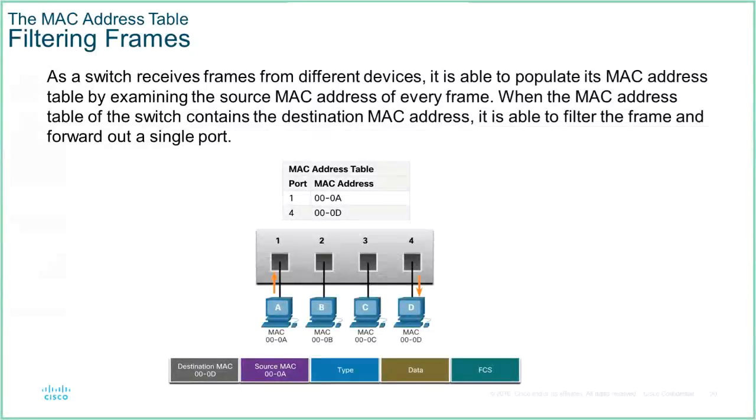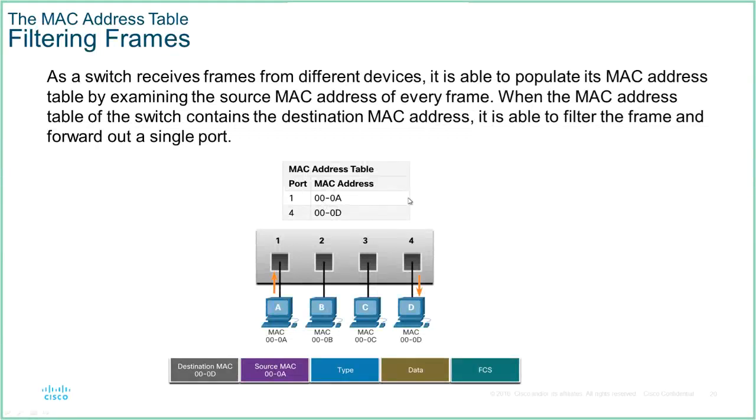So this is basically what they call filtering. When it comes in port 1, we've got a destination MAC address of 000D and a source MAC address of 000A. So when it comes in port 1, it'll record 000A and reset the timer.